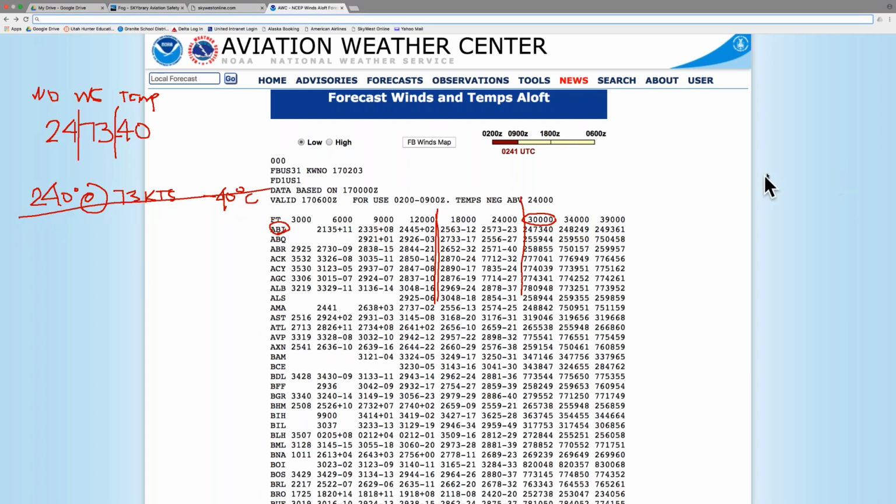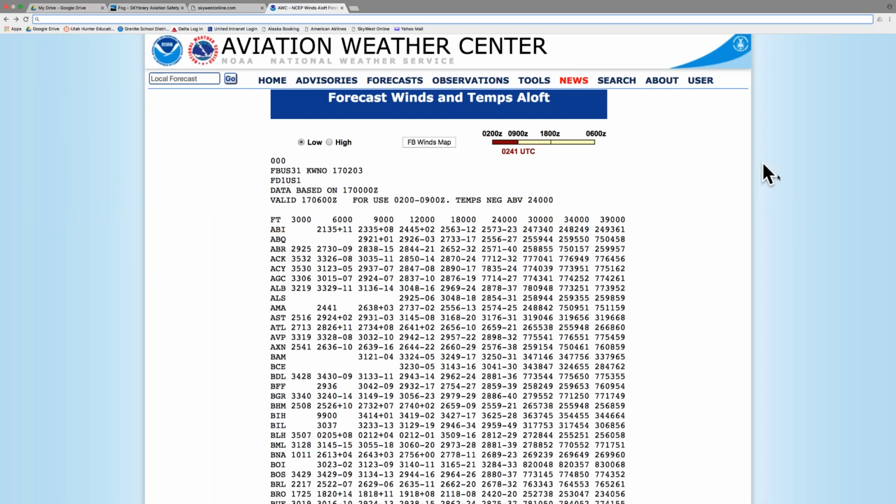You just change the temperature to a negative. Anything at or above 24,000 feet is assumed to be negative as far as the temperature reading. That's why up here you won't ever see a sign, because it's just assumed to be negative. Does that make sense?